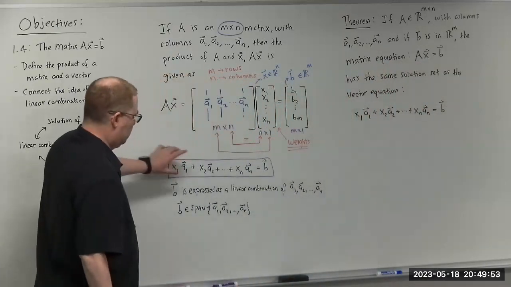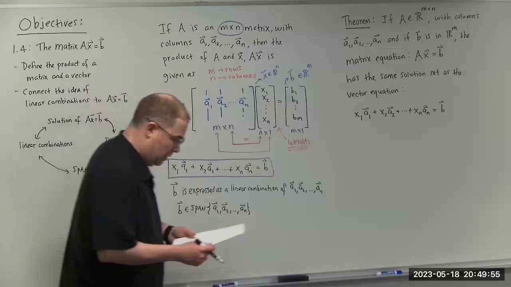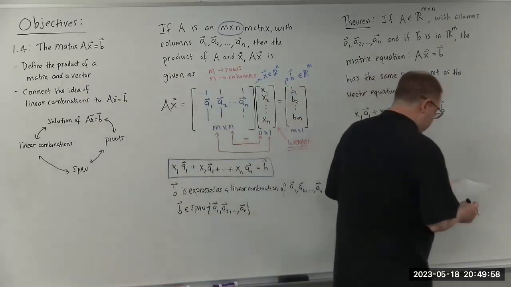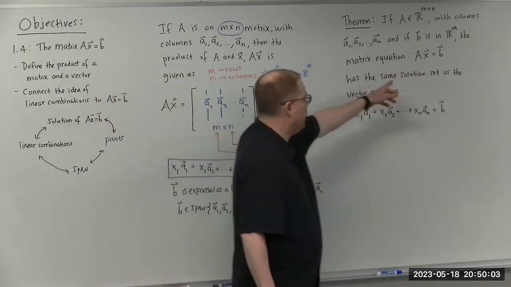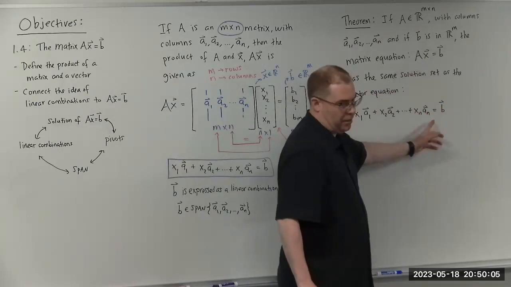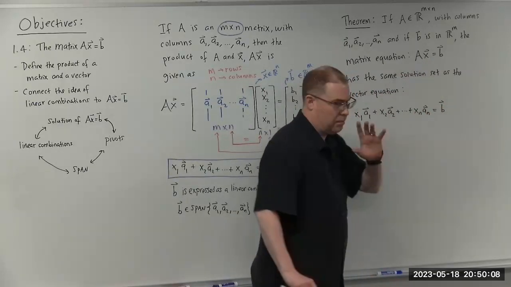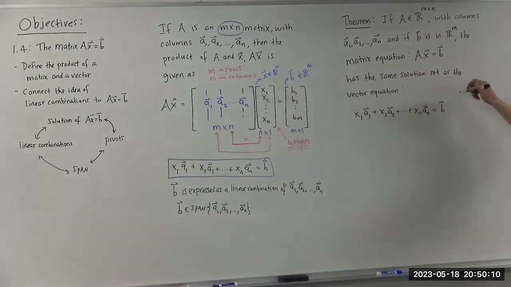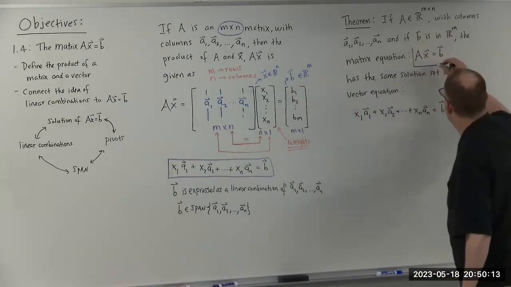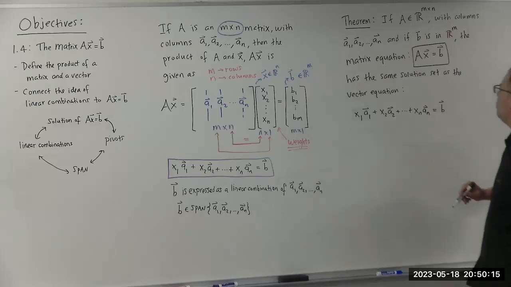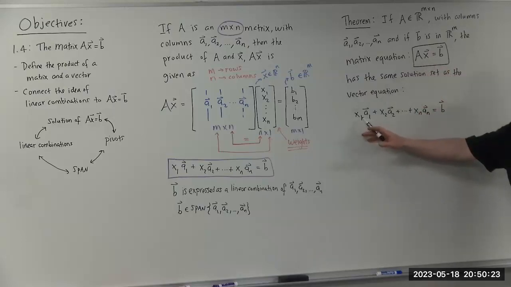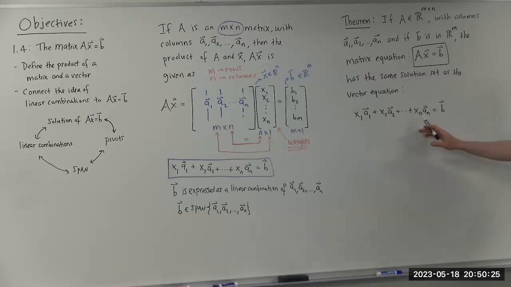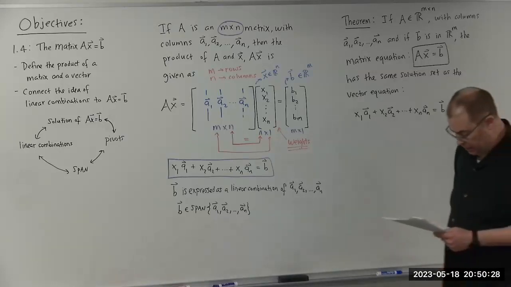Exactly what I have here. Whatever the solution is here is going to be the solution of this one. Remember, this is our matrix equation, so whatever the solution to that is, it's referring to the solution vector. That's what these values are: x1, x2, and so on up to x of n.